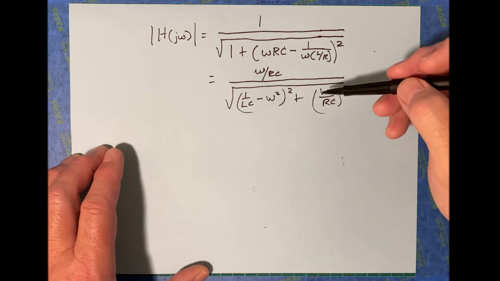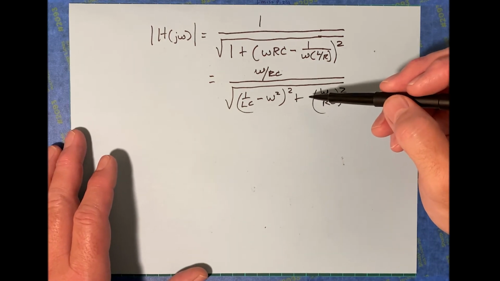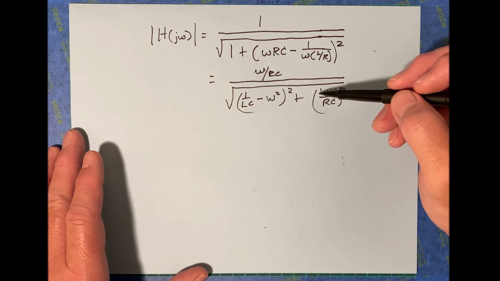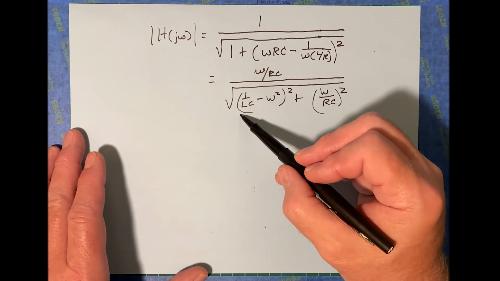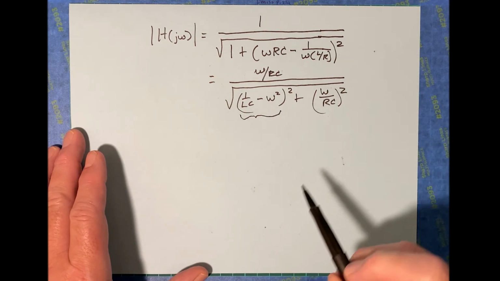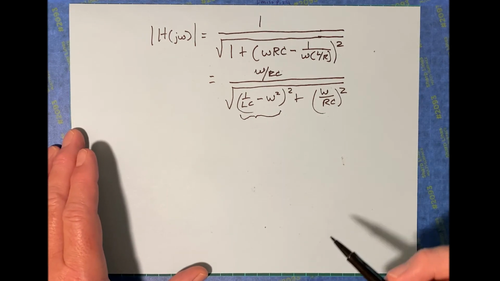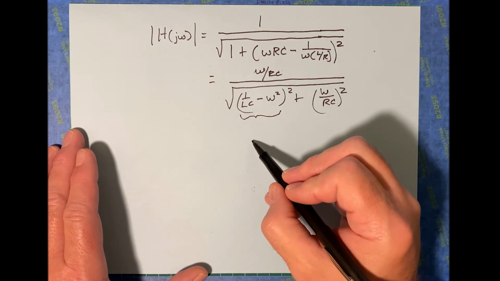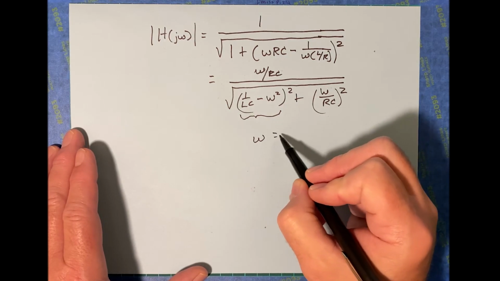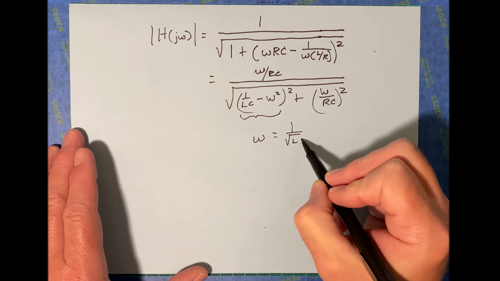There. So looking at this form of it, the magnitude of this transfer function is maximum when this right here is 0, which occurs, if you'll just set that equal to 0, when omega is 1 over the square root of LC.